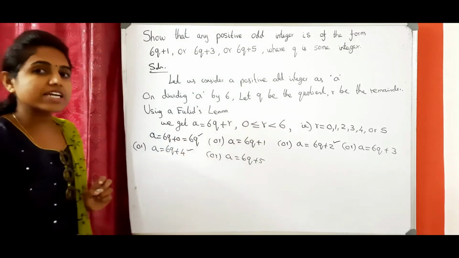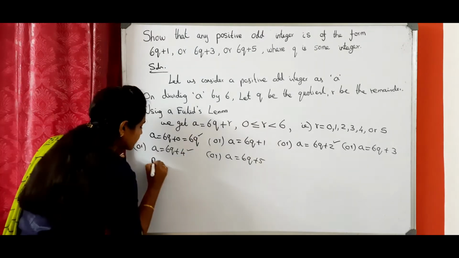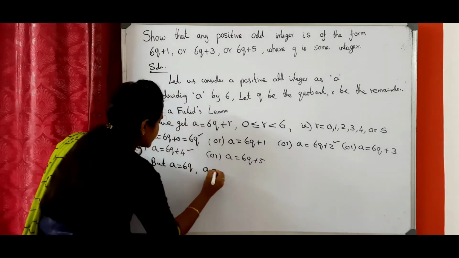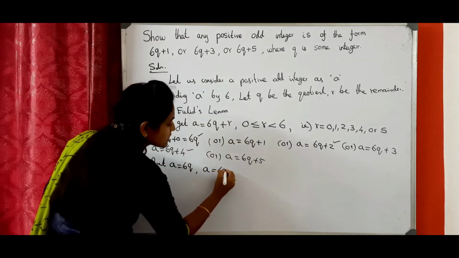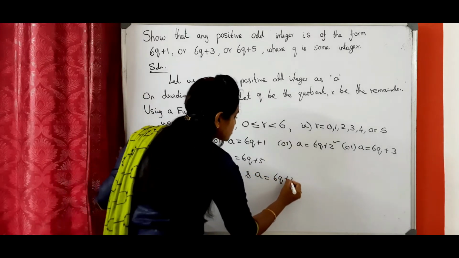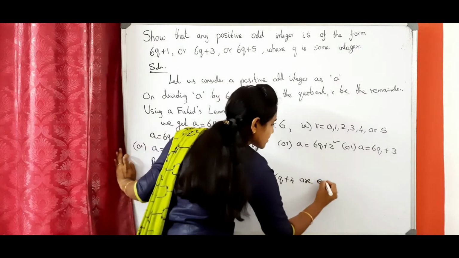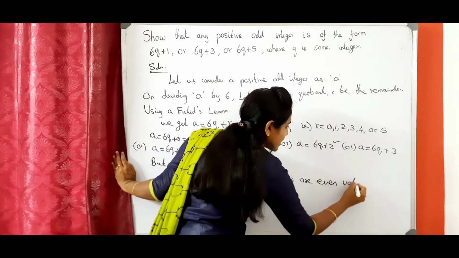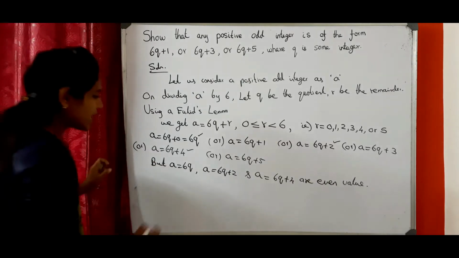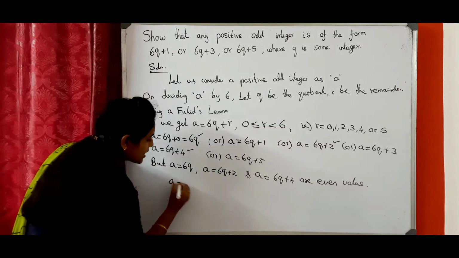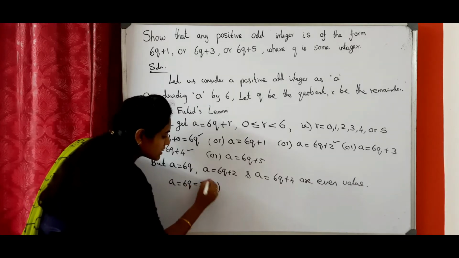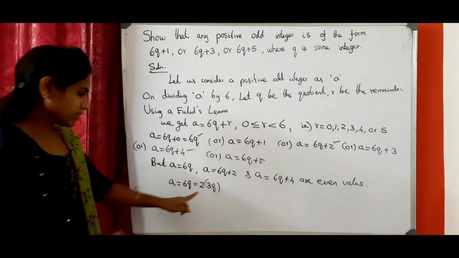These are the even values. a equal to 6q, a equal to 6q plus 2 and a equal to 6q plus 4 are even values. Why is a even? Listen, we can write a equal to 6q equal to 2 into 3q, because 2 threes are 6.